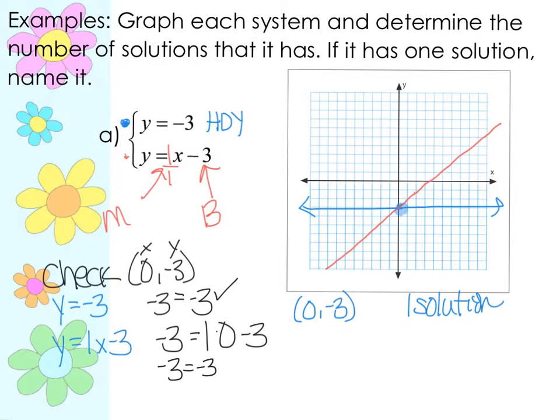So again, these 2 sides equal to each other. So our other adult at home that we need permission from also said yes. So this for sure is the solution. So that's how you can check to see if your answer is correct. If you guys have questions, see if you can help each other out. Otherwise, let's take a look at our next example.